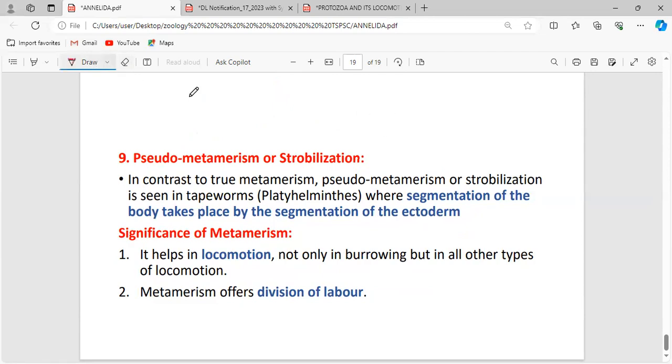Clear? Now, see that segments will be formed in the external layer. And what is the significance of metamerism? It helps in the locomotion process. Not only in burrowing, but in all other types of locomotion.